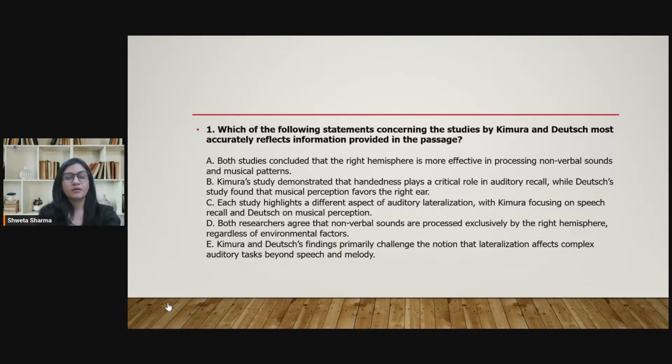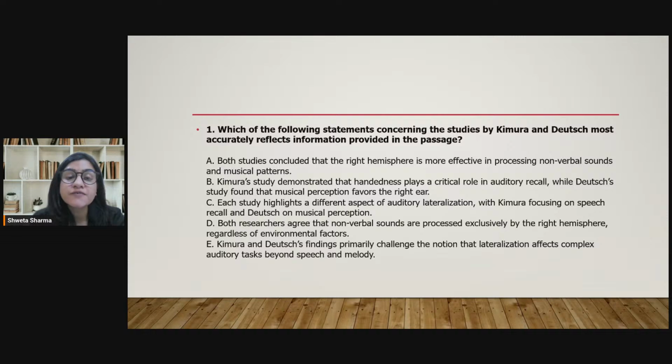Okay. It says, which of the following statements concerning the studies of Kimura and Dosh most accurately reflects the information provided in the passage? Is it both of them concluding that the right hemisphere is more effective in processing nonverbal sounds? Kimura's study demonstrated that handedness plays a critical role in auditory recall, while Dosh's study found that musical perception favors the right ear.